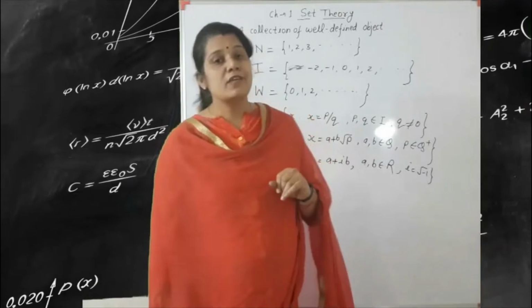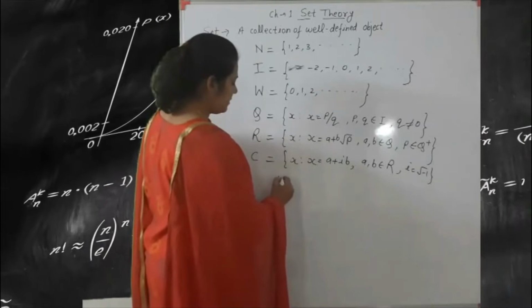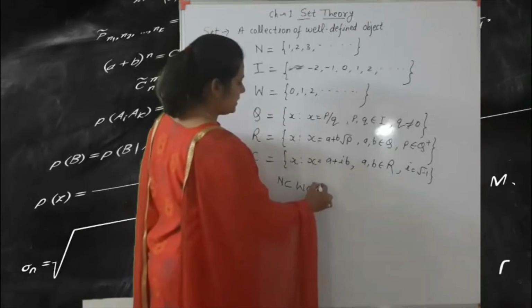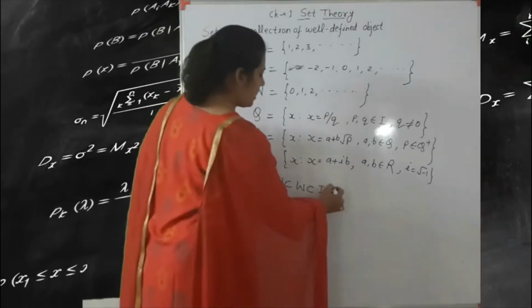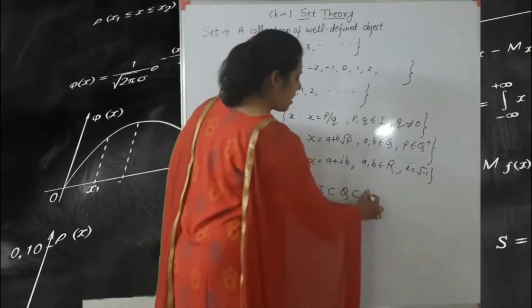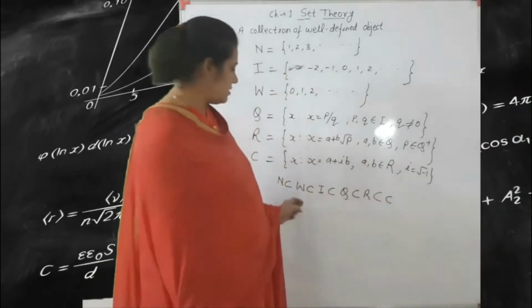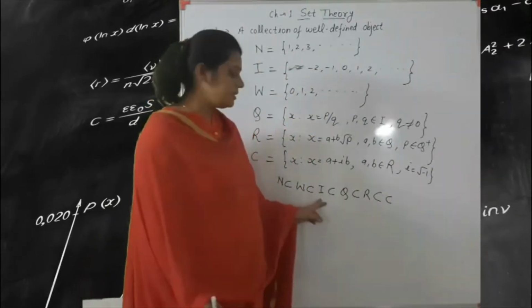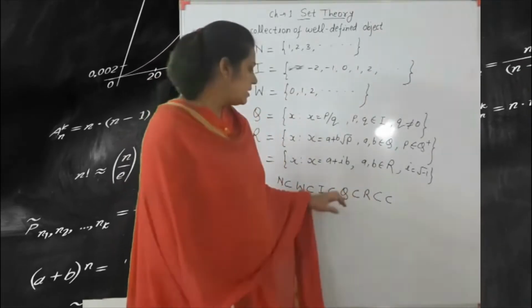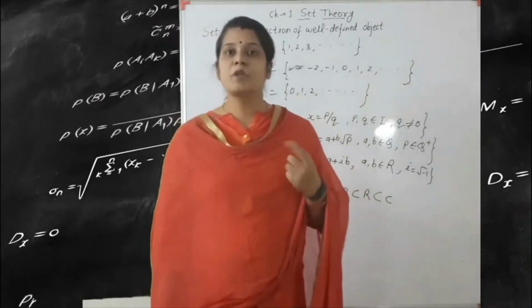Okay, so here one point is very important. The point is that N subset W, W subset I, I subset Q, Q subset R, and R subset C. That means the natural numbers are a subset of the whole numbers, a subset of the integers, a subset of the rational numbers, a subset of the real numbers, and real numbers are a subset of the complex numbers.